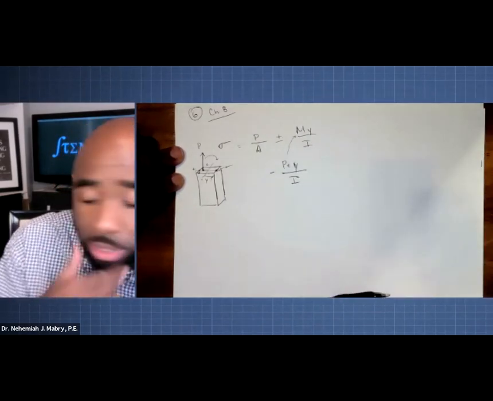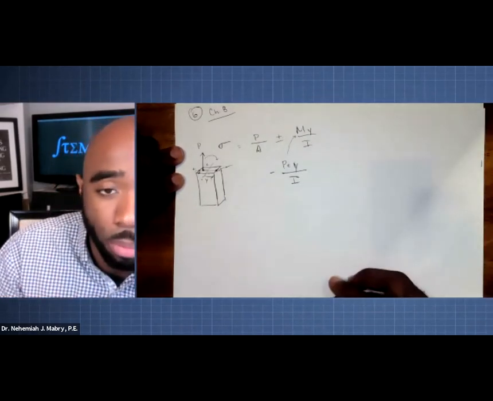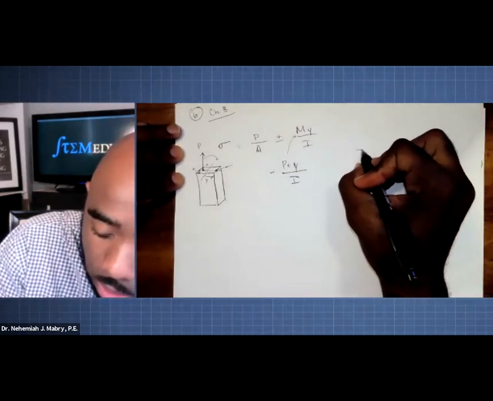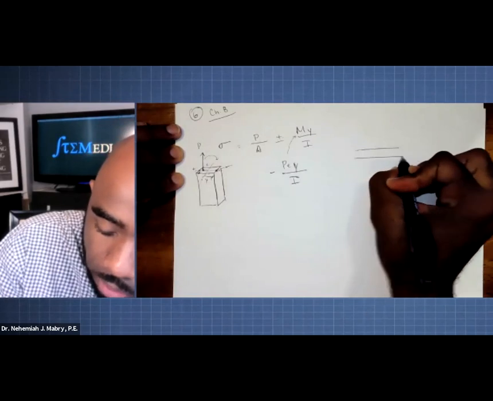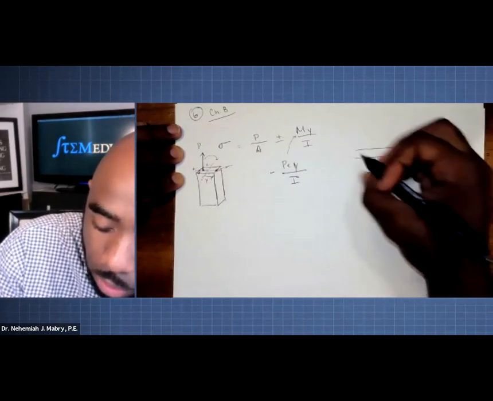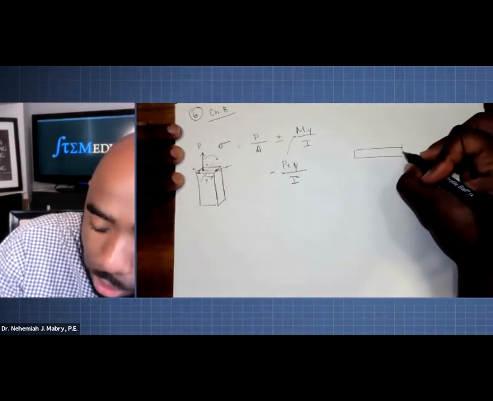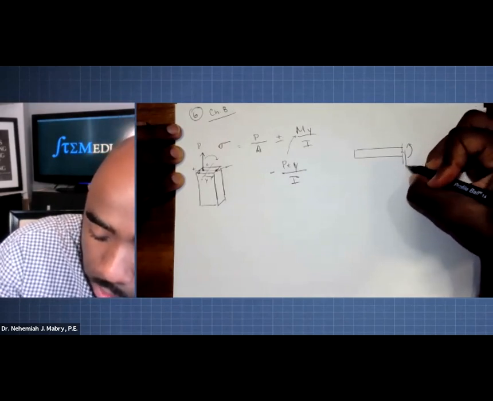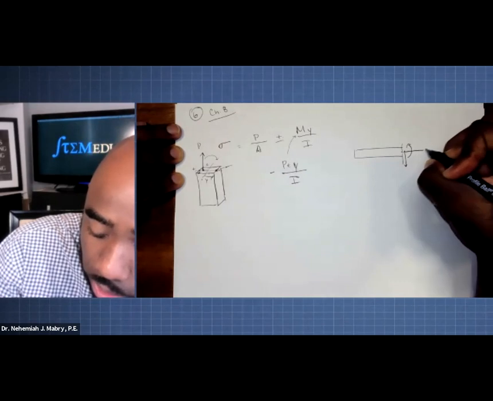Only one other thing that can perhaps make this a tad bit more complicated, and I think you had a problem like this as well, is if they give you a full bar and you're cutting the bar, and you've got a moment on this bar as well as a stress.